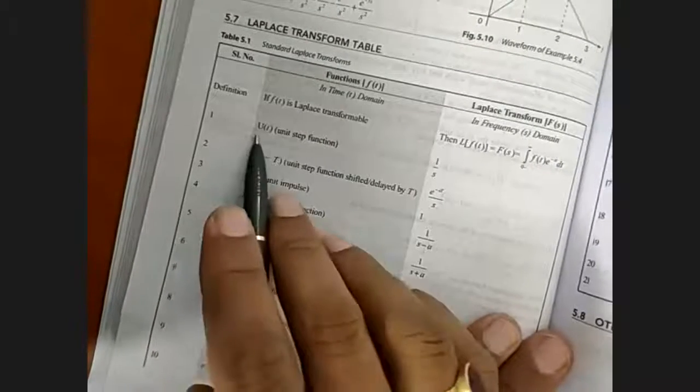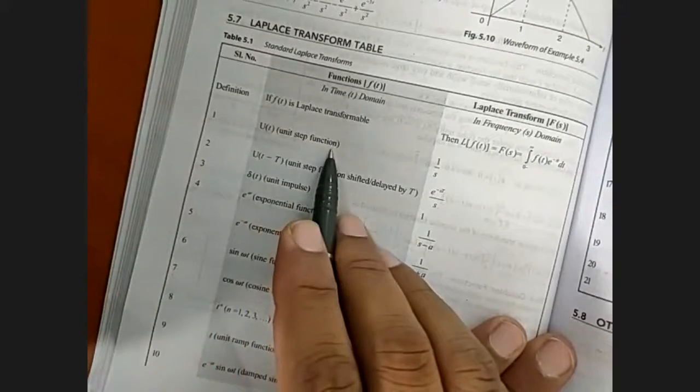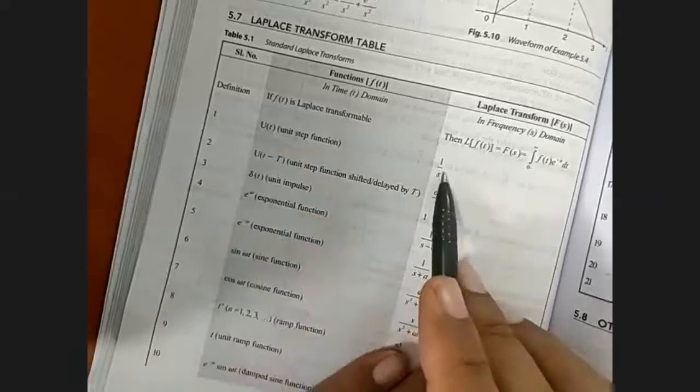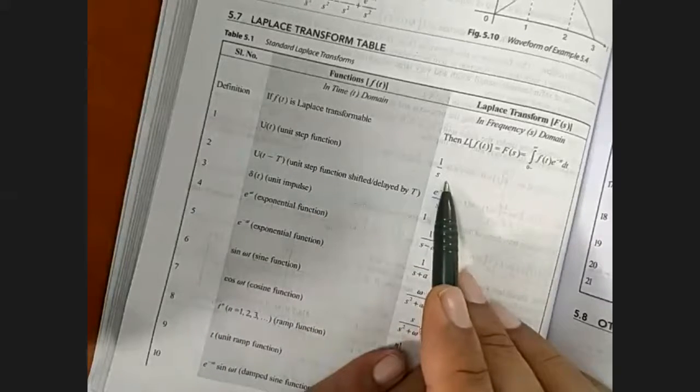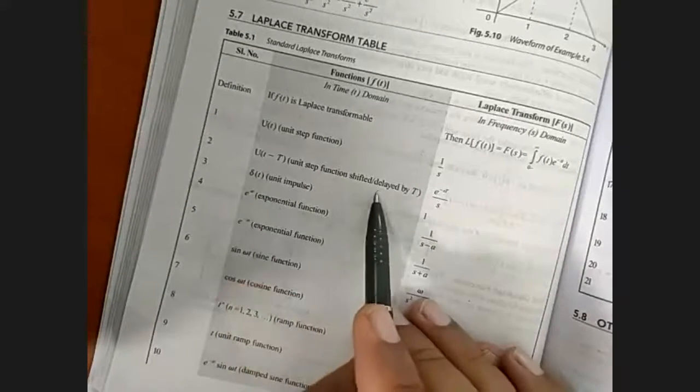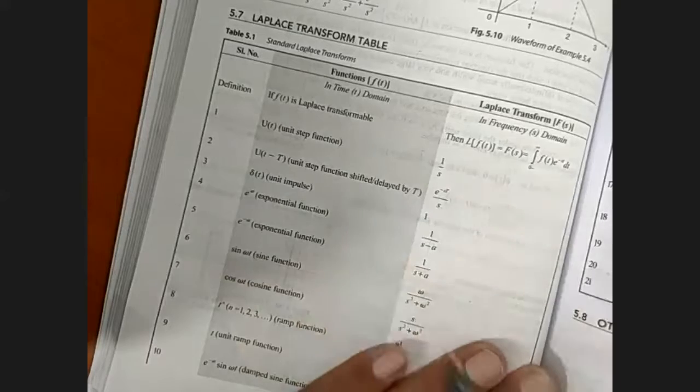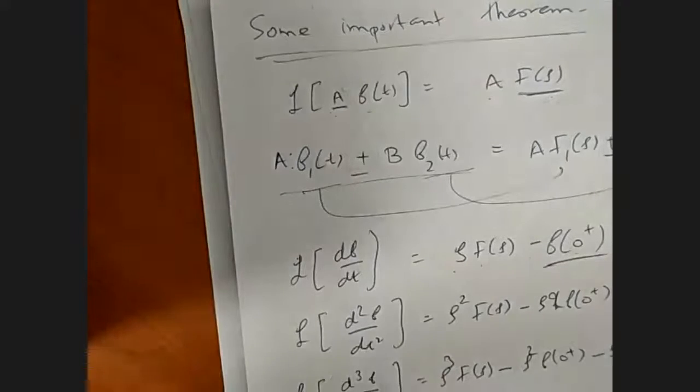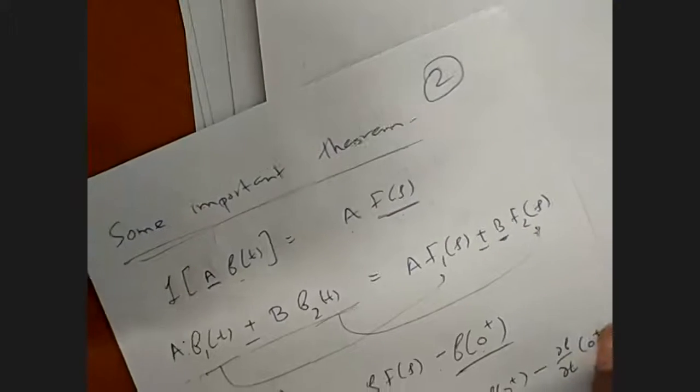Like some Laplace transforms, if we talk about them: as we discussed, the unit step function u(t) is 1/s, and if it is a shifted function, generally we are talking about this.